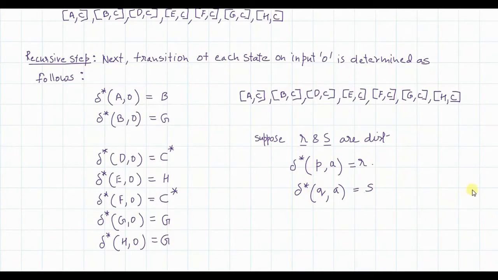So we will get another distinguishable pair, that is P comma Q.